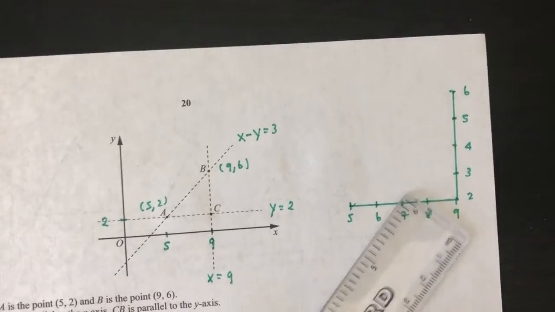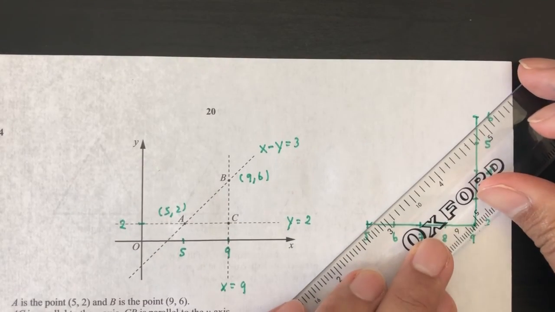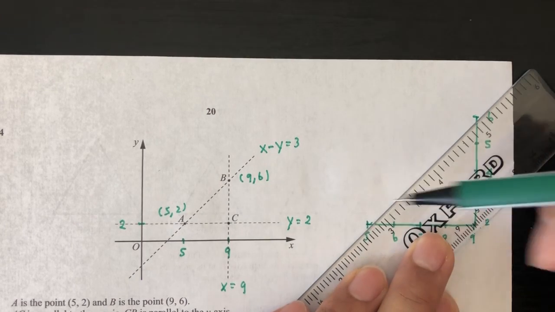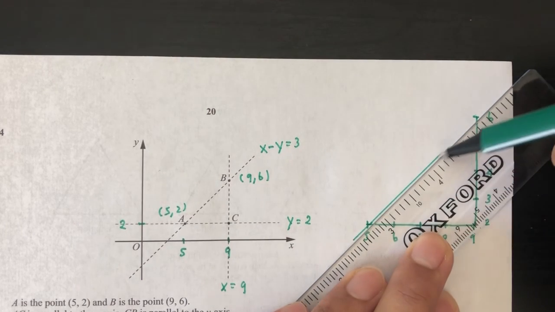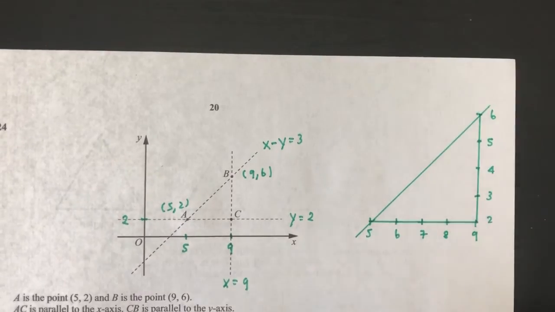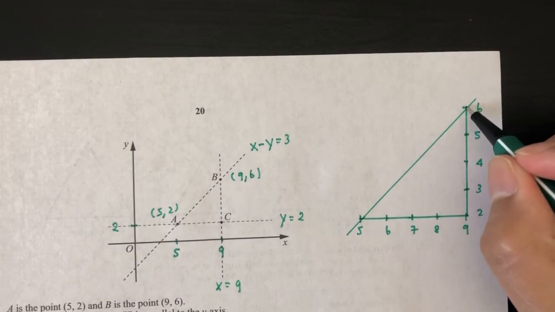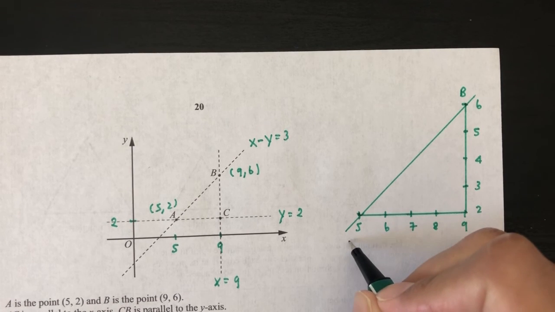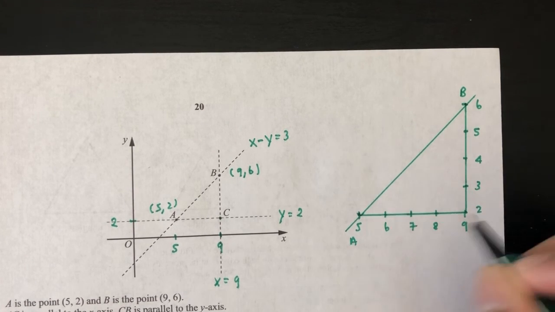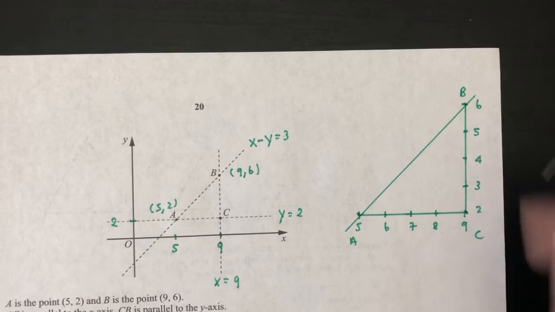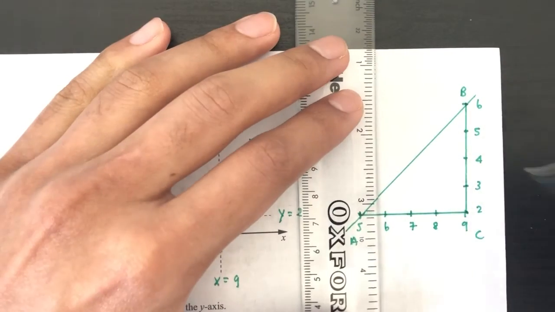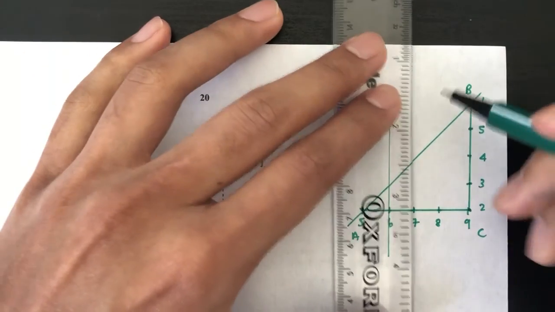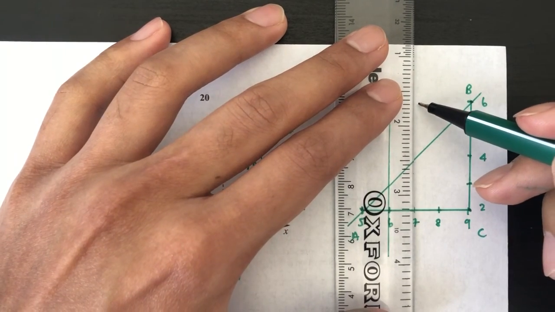Okay, so joining those two. So this is the line x minus y equal to 3. Okay, so this is your point B, this is your point A, and this is your point C. So if you draw it like a graph, this will be a straight line, this will be a straight line as well.